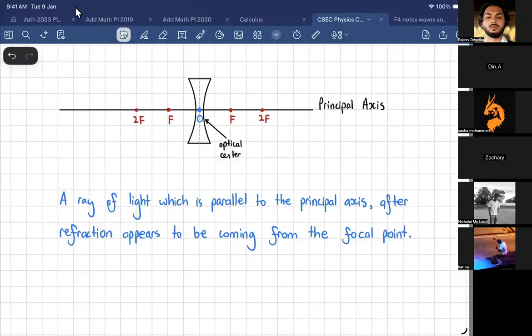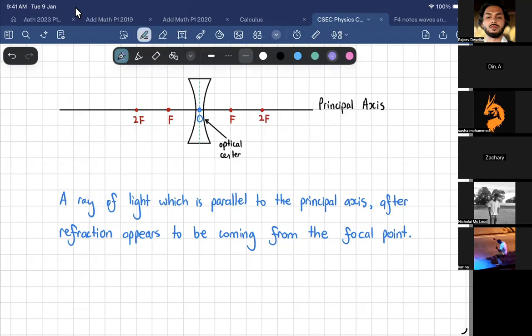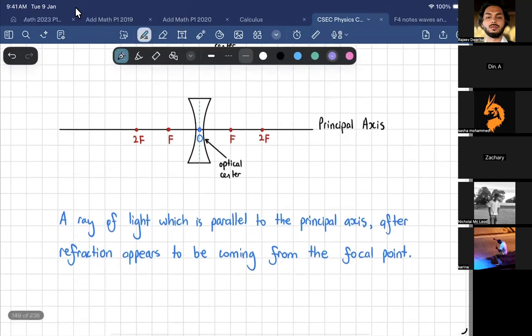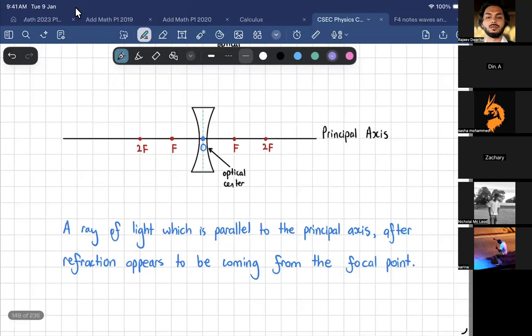Sasha, give the rule a read for me. A ray of light which is parallel to the principal axis after refraction appears to be coming from the focal point. All right, so the first thing they say is a ray of light which is parallel to the principal axis. So I'm going to draw a ray of light that is parallel to the principal axis. Does that look parallel?